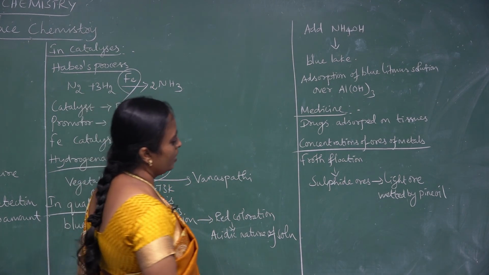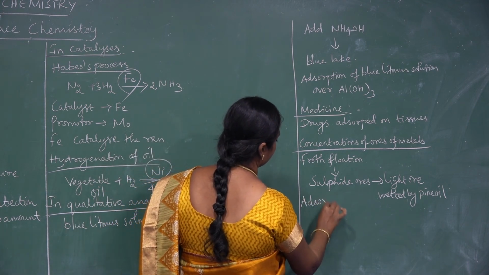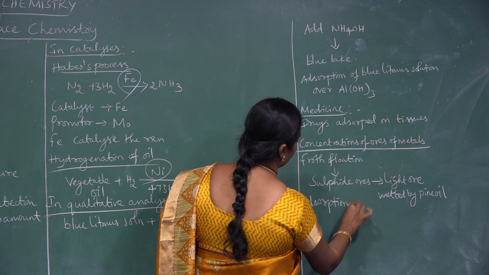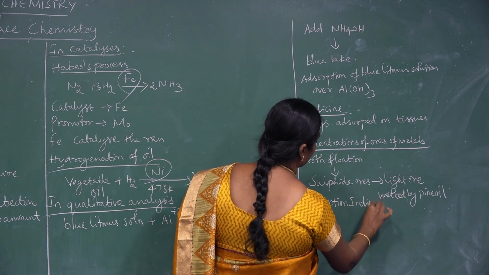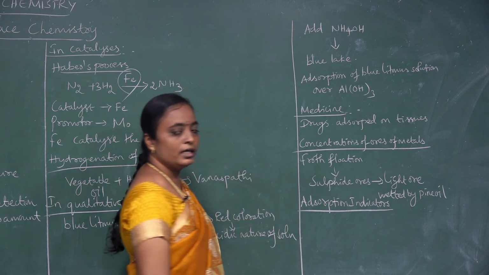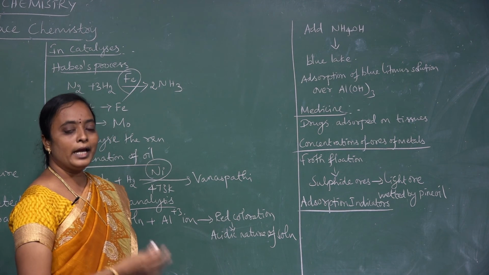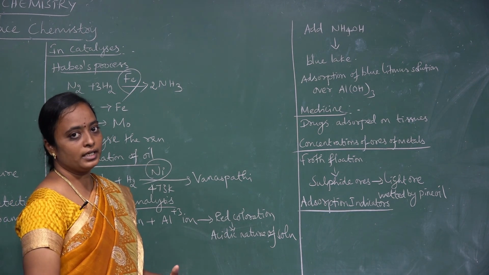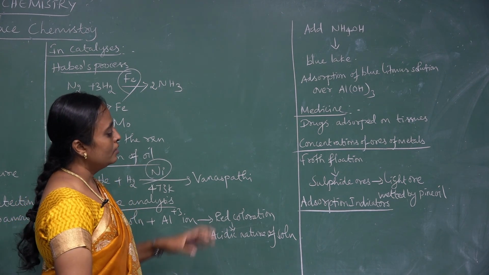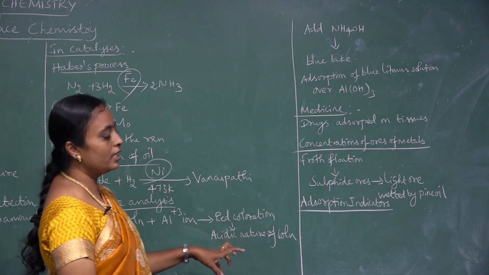In the same way, consider adsorption indicators. We know what an indicator is: a substance used to indicate the end point in a titration, generally an acid base titration, where we use external indicators.